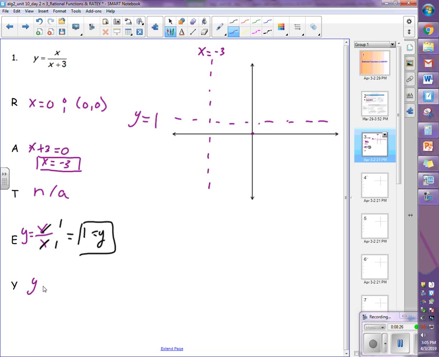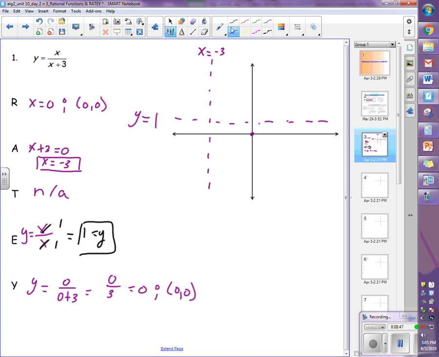So y is equal to 0 over 0 plus 3, which is the same thing as 0 over 3. So 0 divided by 3 is 0. So that means our y-intercept is (0, 0). So our y-intercept and our x-intercept are the same point.